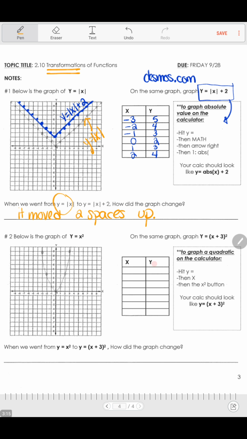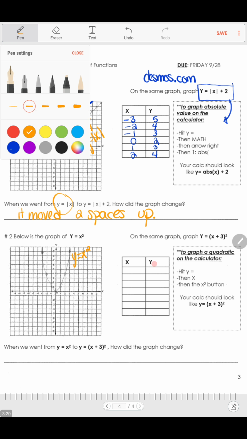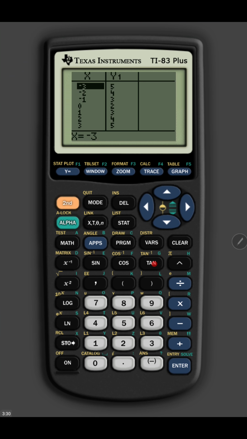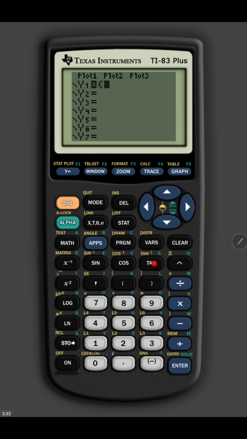Okay, let's take a look at the next one. So on this graph, we have y equals x squared. And on the same graph, we are going to plot y equals, parentheses, x plus 3, close parentheses, squared. So again, I'm going to go to my calculator. X plus 3 squared.